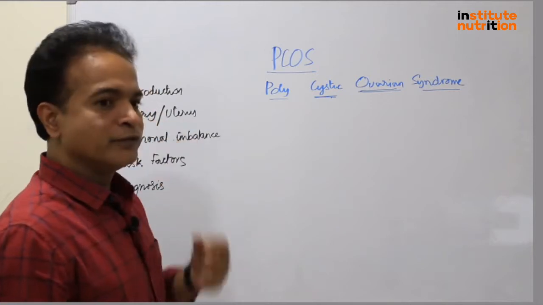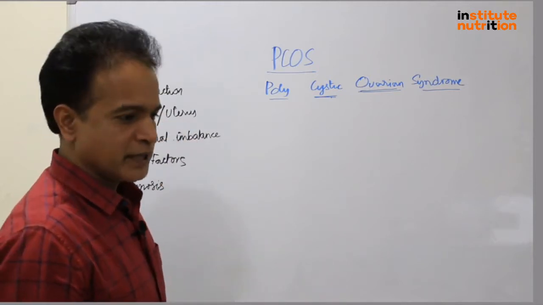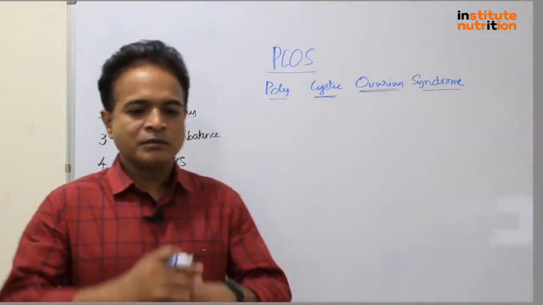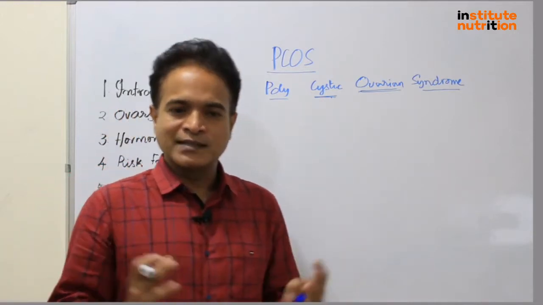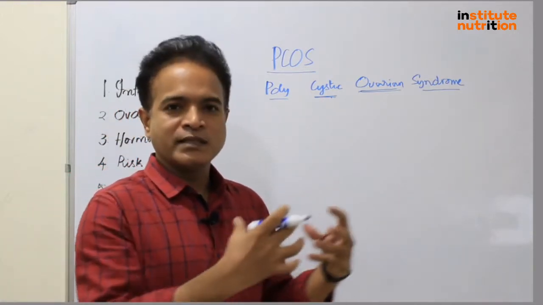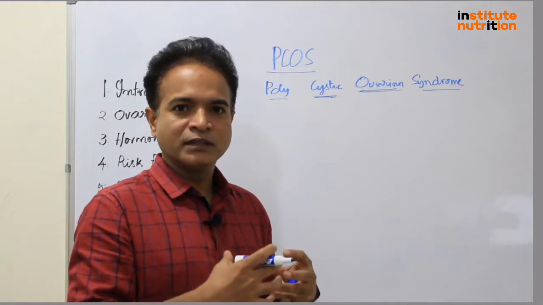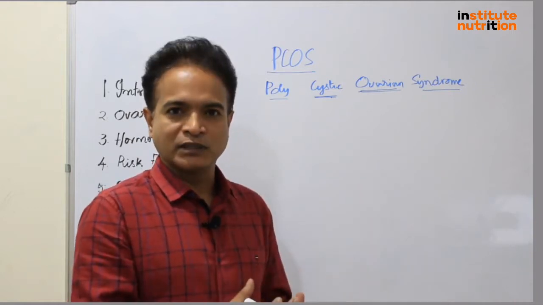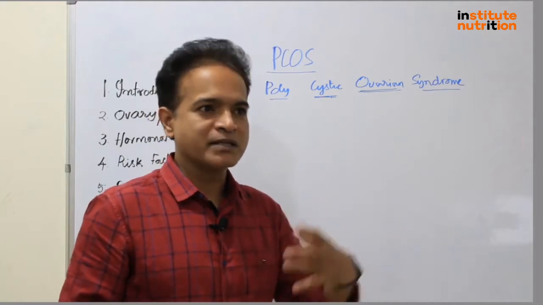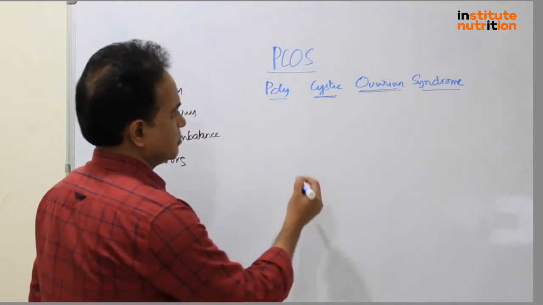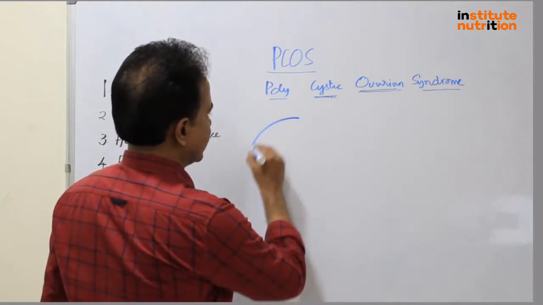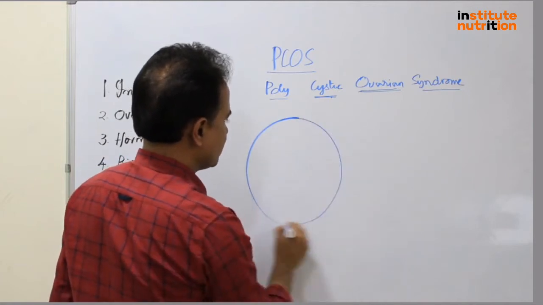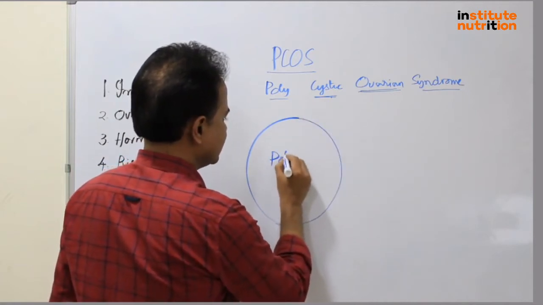Now, if we look at the classic symptoms, the way we are going to go through the class is by looking at what we are seeing and how to make sense of it using the data available to us. So, a patient may present with an ultrasound diagnosis of polycysts in the ovary.